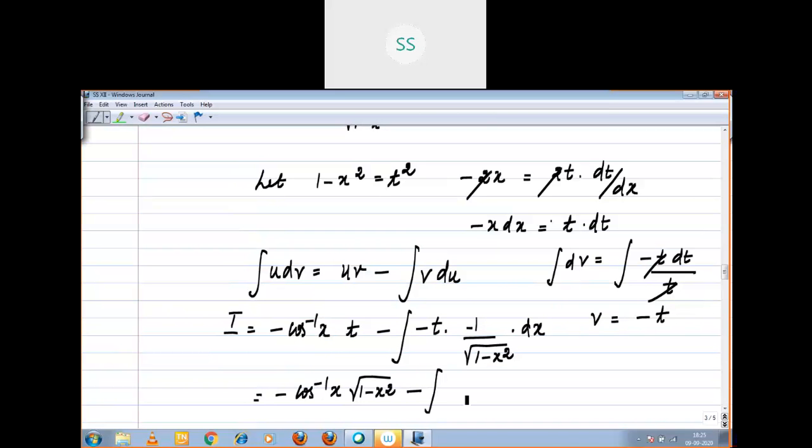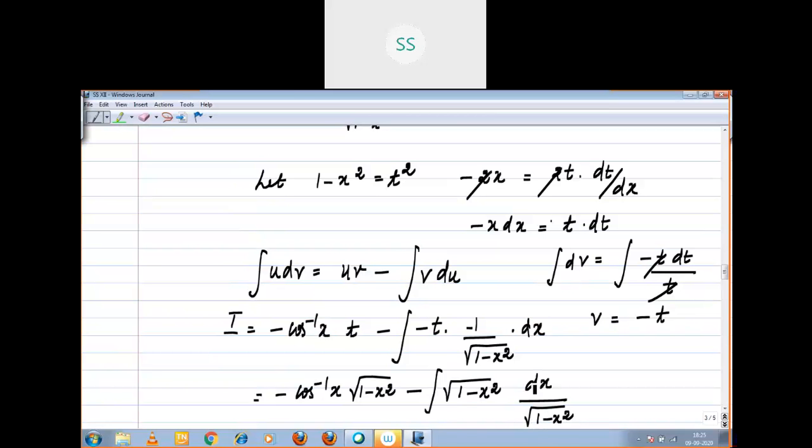Again minus integral, t replaced by root of 1 minus x square into dx divided by root of 1 minus x square.